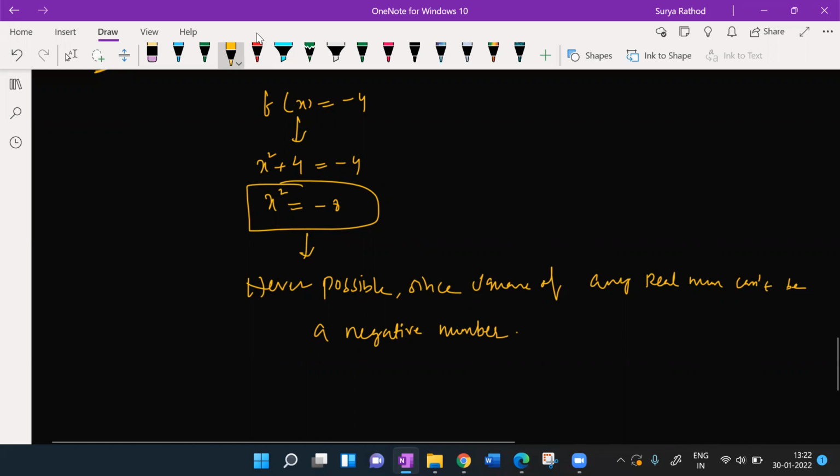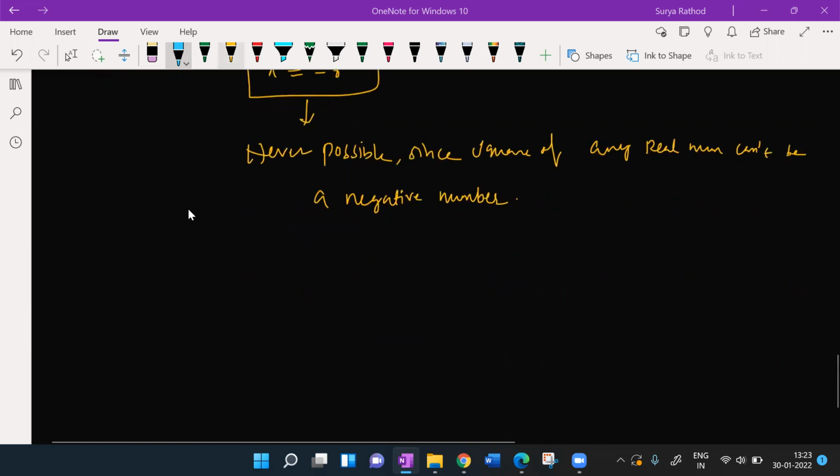Next. Understood? Yes or no, guys? Any doubts? So what is the conclusion we can write here? Therefore, f inverse of minus 4 is not possible.